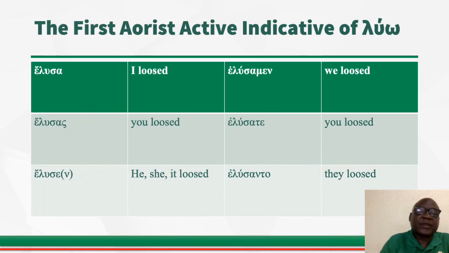Now, first aorist indicative active of luo would be elusa, elusas, elusen, elusamen, elusate, and elusan.